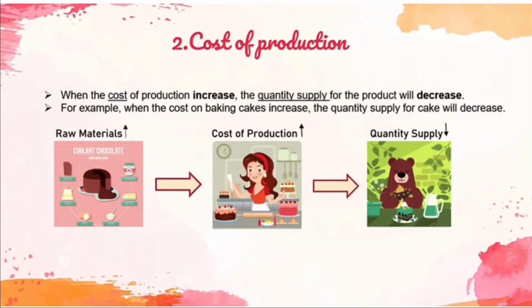Number 2 is cost of production. When the cost of production is increasing, the quantity supplied of the product will decrease. For example, when the raw materials for baking cakes, like flour, sugar and eggs, are increasing, automatically the cost of production will increase.